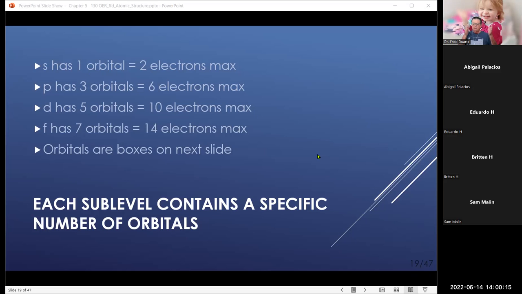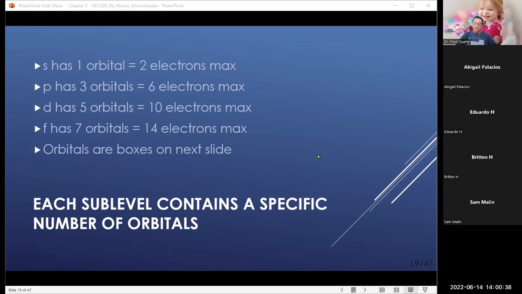And notice the innermost elements, which I said to think of as the D orbits: there are 10 columns in the periodic table. And then finally the F ones, those are the 2 rows that pop out of the periodic table. There are 14 columns. In the F, there are 7 orbits.